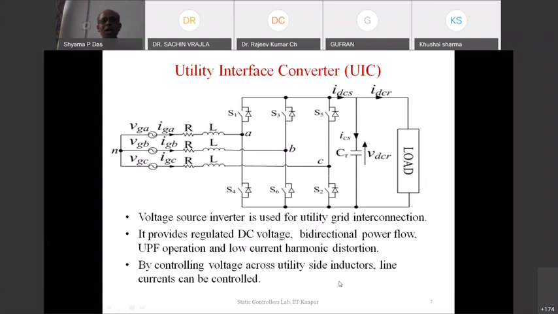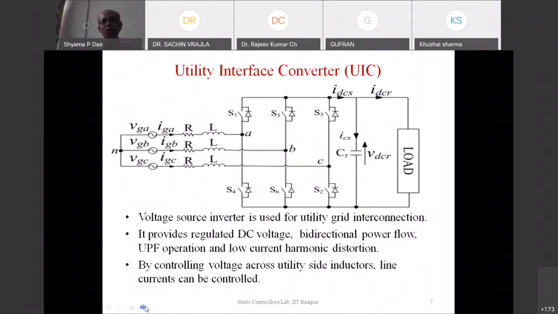In one case, the DC link current is positive, which is IGA. In the other case, that current is negative, which is minus IGA. So the switching function SA will be either 1 or minus 1.